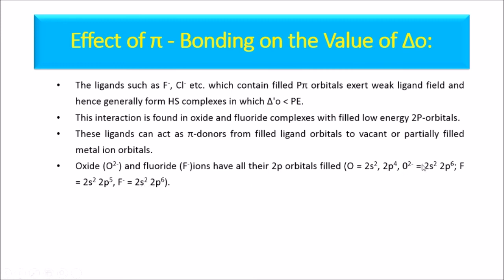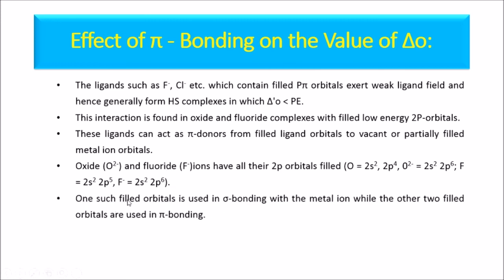In both the cases of oxide and fluoride you can see completely filled p pi orbitals, and as a result delta dash O, the splitting energy, is always lower than the pairing energy. Hence these complexes of oxide and fluoride are always high spin complexes, and the splitting energy is always lower than that of the sigma donation interaction.